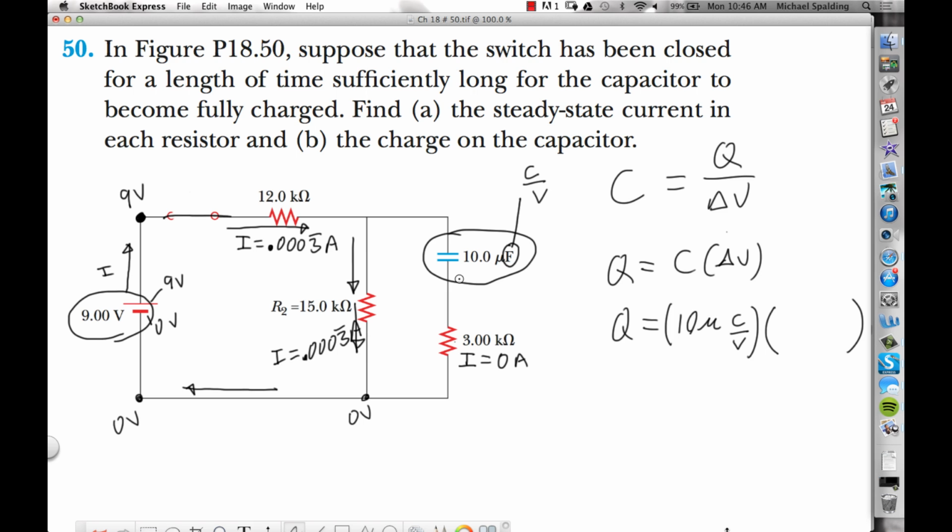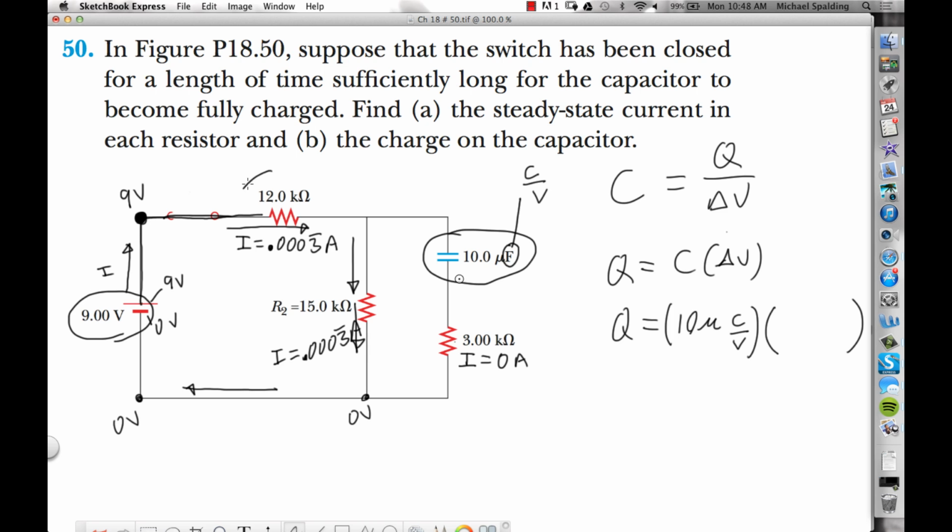So how do we figure out the delta V across the capacitor? Well, look, you could figure it out like this. 9-volt battery means 9 and 0, right? So you cruise up here. How many volts do we got right there? 9. So you keep going like this.